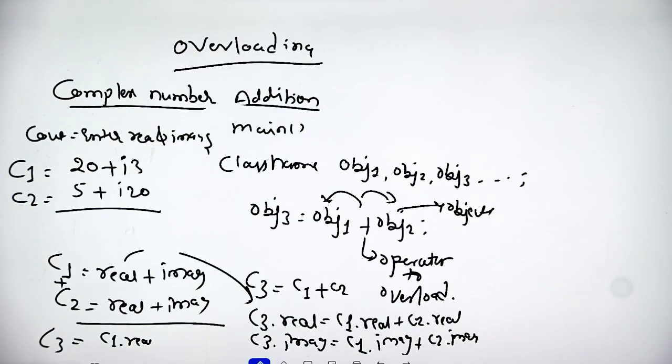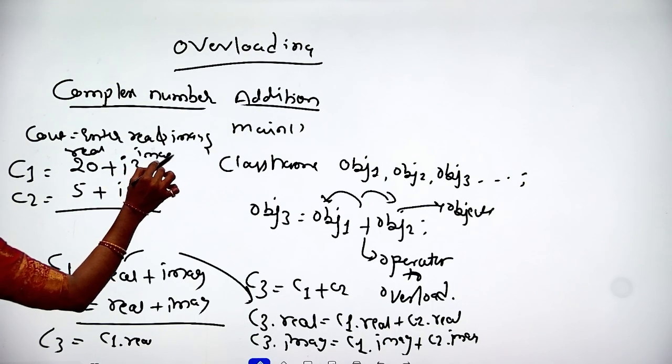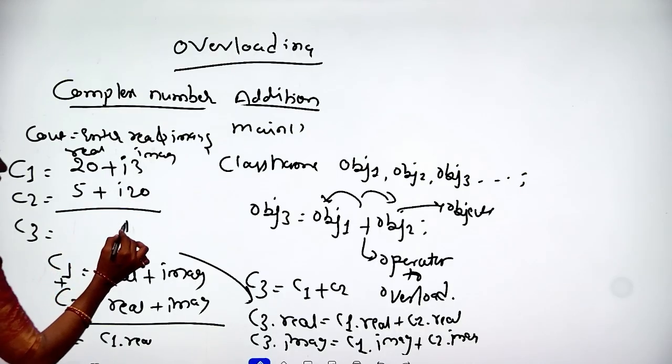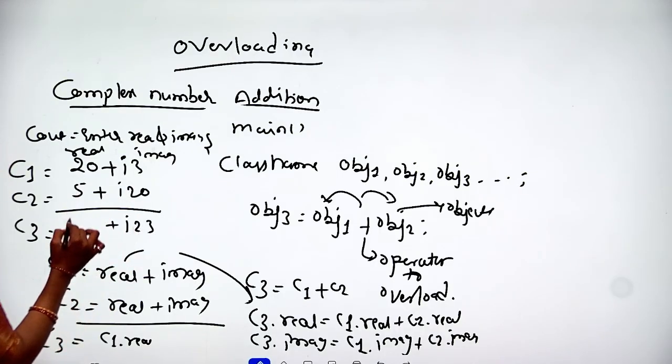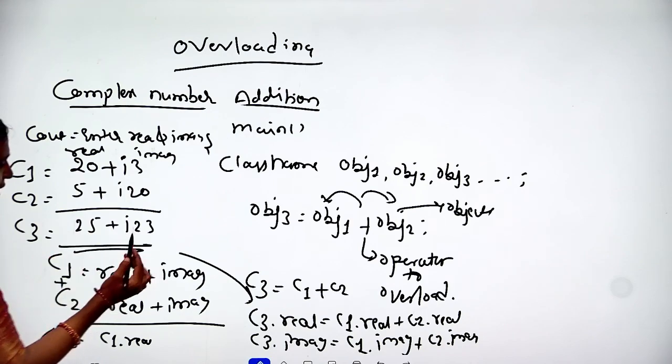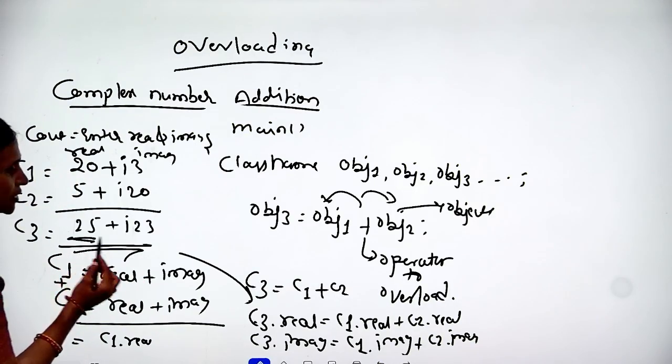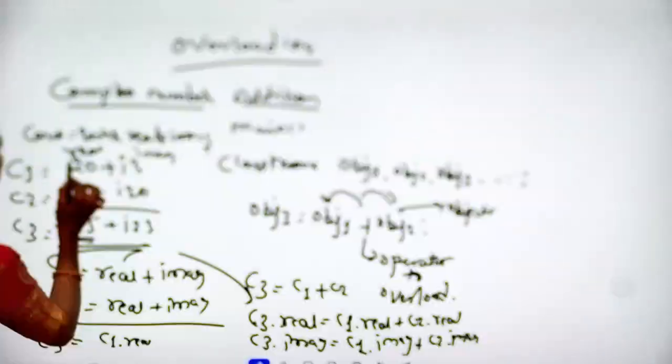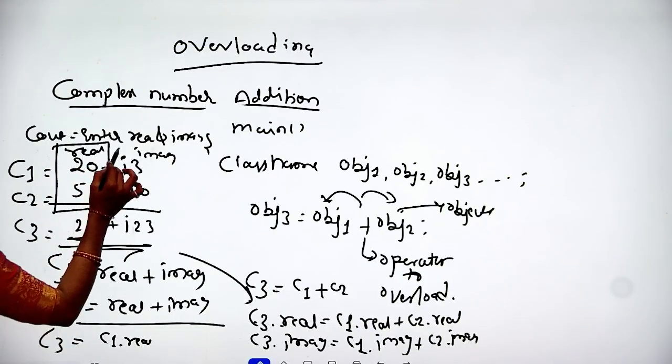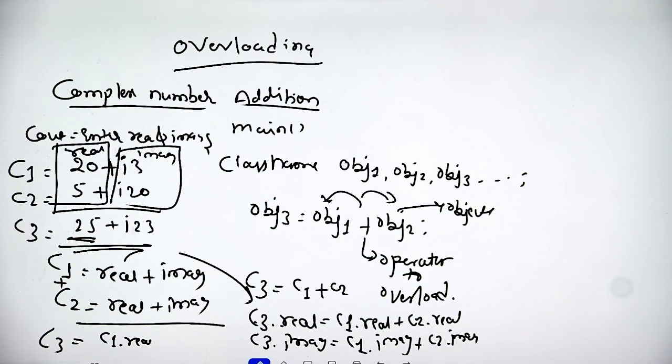These are the C1 values and these are the C2 object, each containing a real part and an imaginary value. Now how is C3 added? C3 is 25 plus i23. C3 dot real is C1 dot real plus C2 dot real, so the real parts are added and the imaginary parts are added.